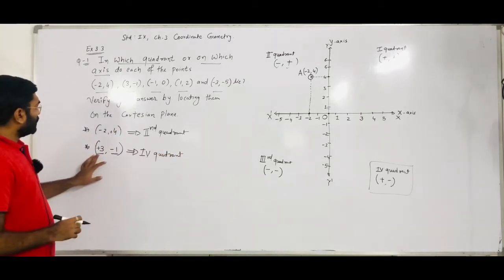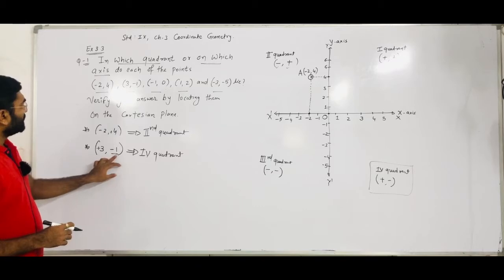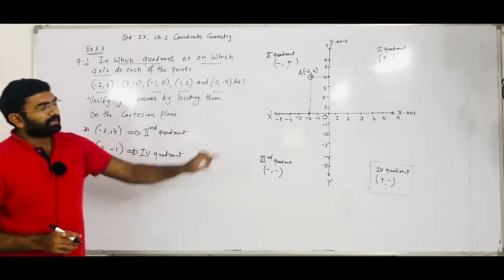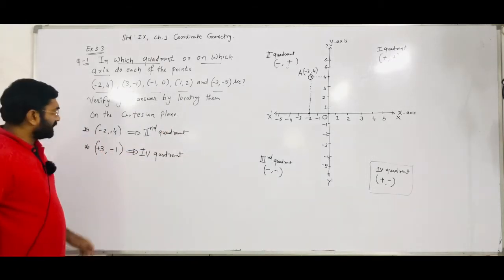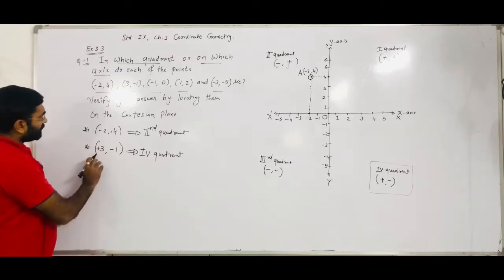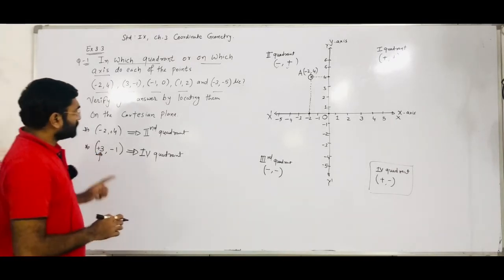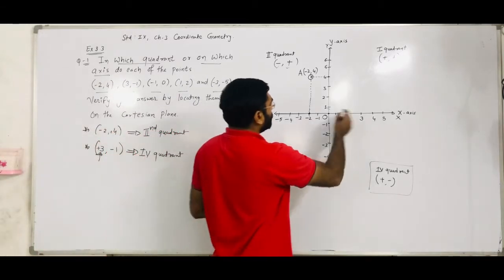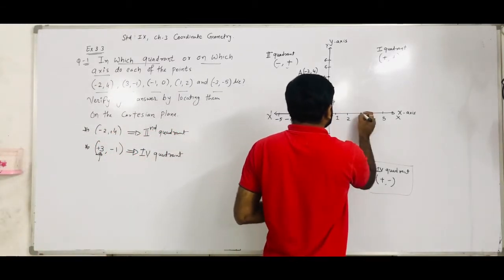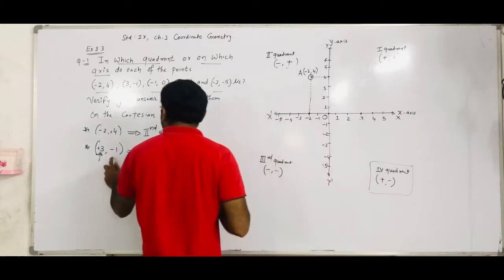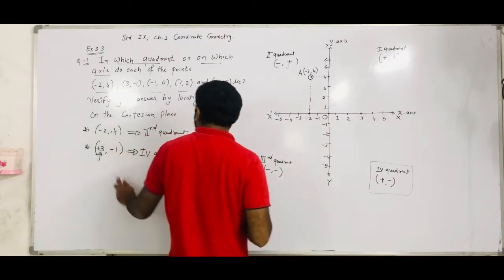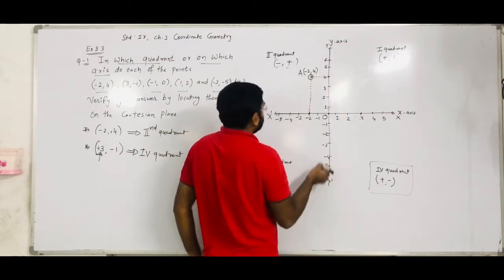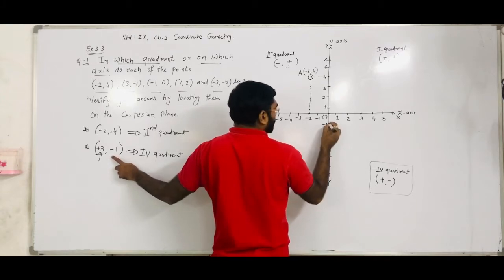If you want to locate it in the xy plane, or the Cartesian plane, the first coordinate is the x coordinate value, so on the x-axis we go to 3 here, right? The second coordinate is the y coordinate value, so on the y-axis we find minus 1 here.